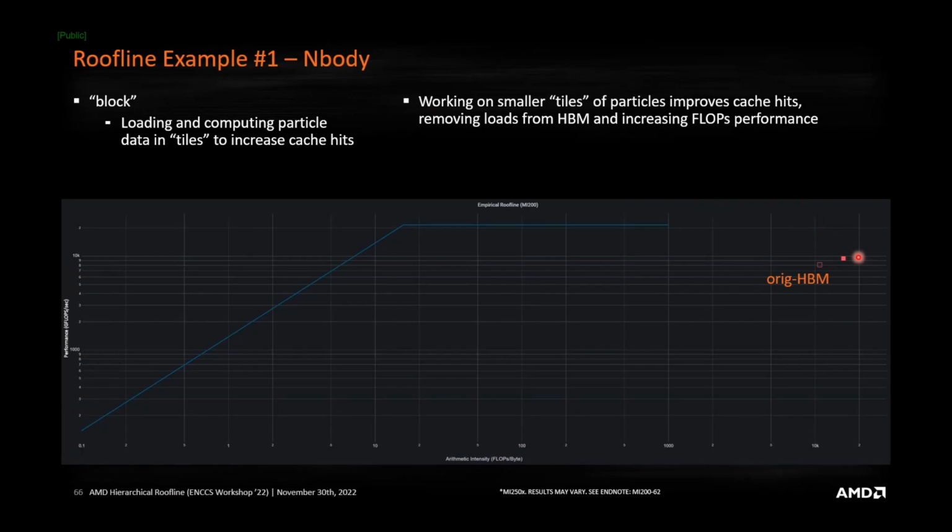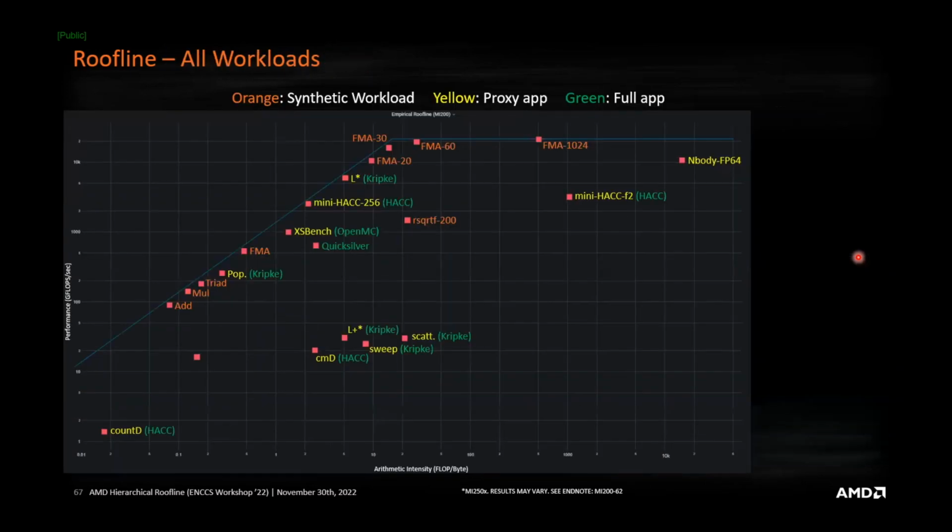And so finally, as promised in the beginning, here I am showing the results for a number of different workloads. We have our synthetic ones we discussed earlier, our adds, multiplies, triads, FMA, our inflated FMAs. And then we have some proxy applications in yellow, like mini-hack, XS bench, some of the kernels in Kripke, and then some full applications as well, like Quicksilver.